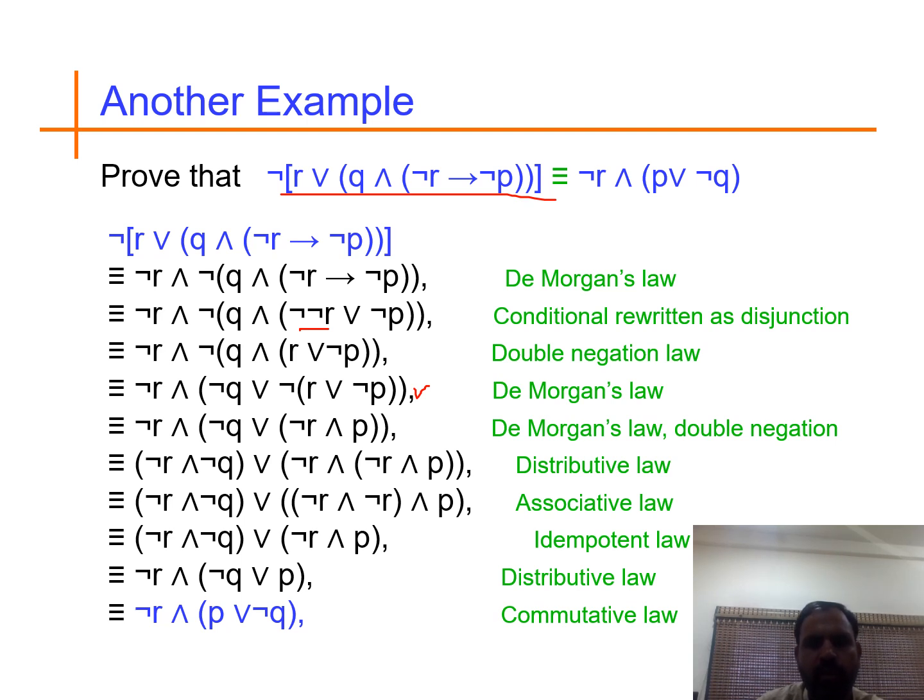Now by using the distributive laws we can write this in this form: negation of R and negation of Q, or negation of R and negation of R and P. By using the associative law on this we can write this, and this term can be written as negation of R and negation of R and P. Distributive law, associative law is used in this step.